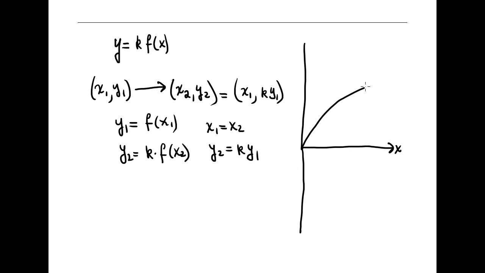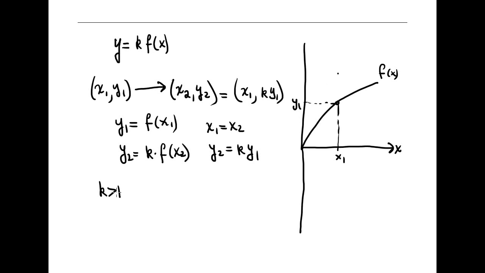suppose a graph of the original function, and suppose one arbitrary point, x1, y1. When you apply the transformation and multiply by a constant, the second component is increasing if k is bigger than 1.